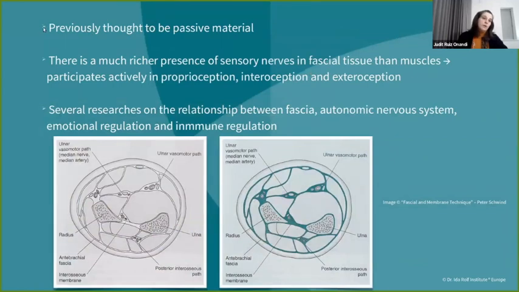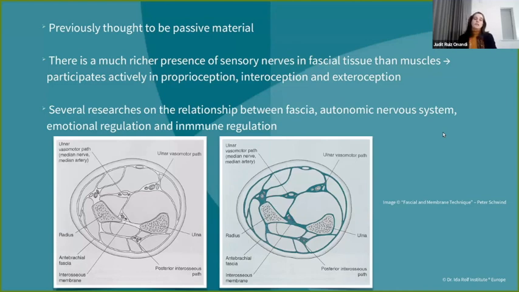Previously, fascia was thought to be a passive material, but now research has proven that there is a much richer presence of sensory nerves in fascia tissue than in muscles.